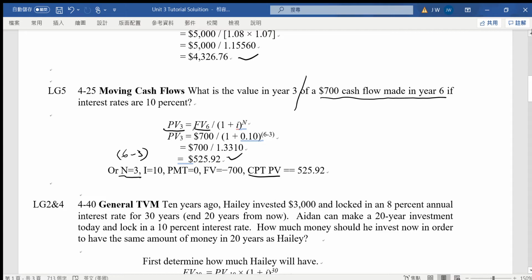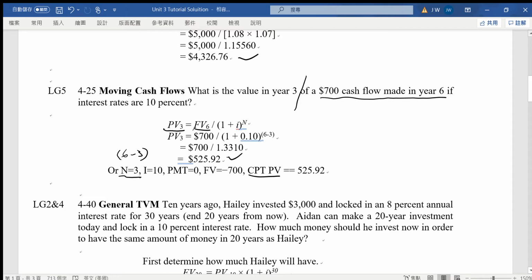So you substitute all this, press those buttons on your calculator, and you can work it out. I have already uploaded the user guide for you to learn how to use your financial calculator. You should try to work it out and get some more practice by yourself. It will give you the same figure, 525.92.